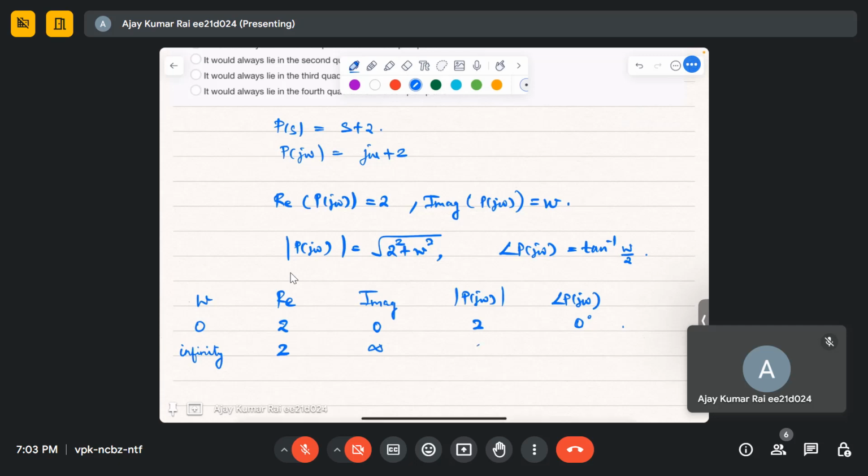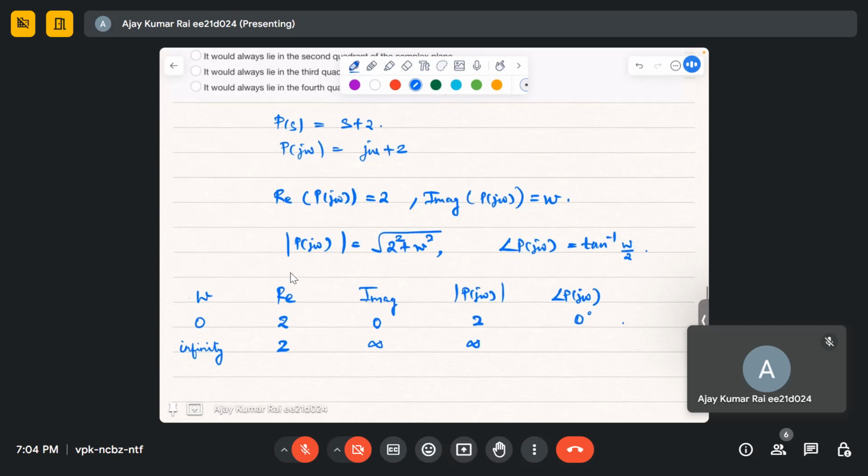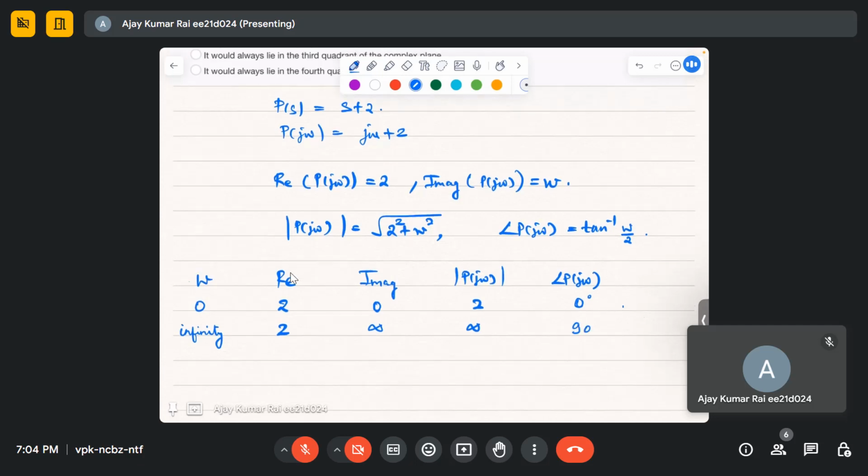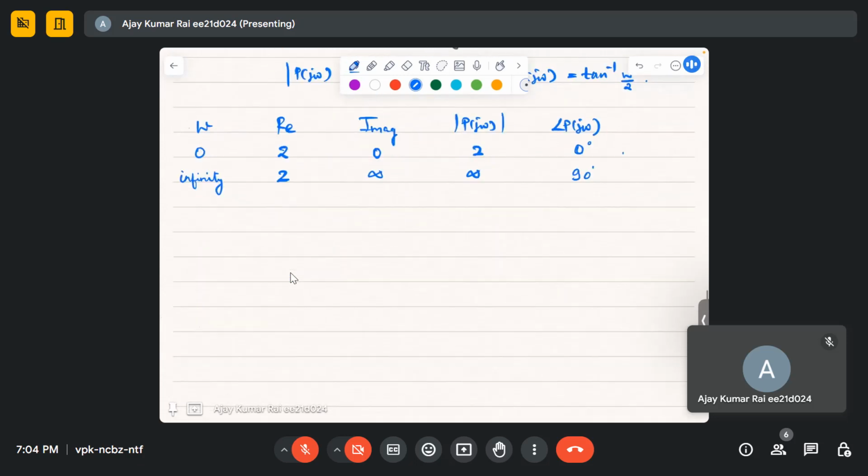And the phase is tan inverse of infinity by 2, which is equal to 90 degrees. So by taking these 2 points, let's plot the Nyquist plot.